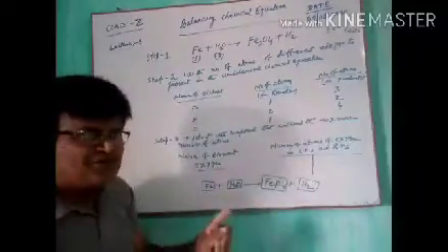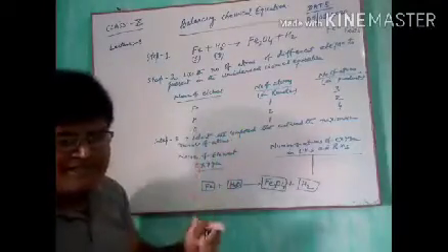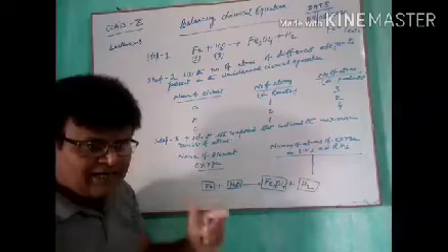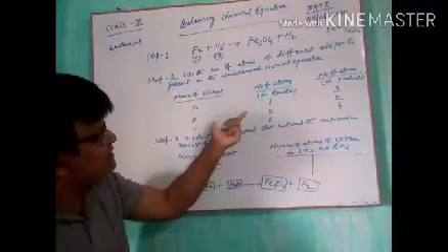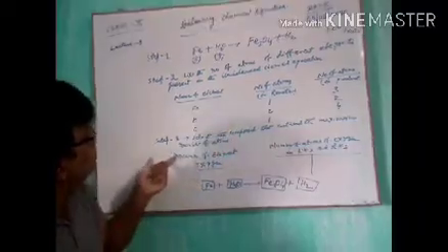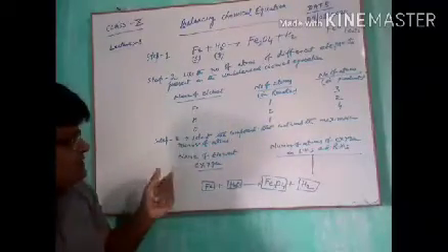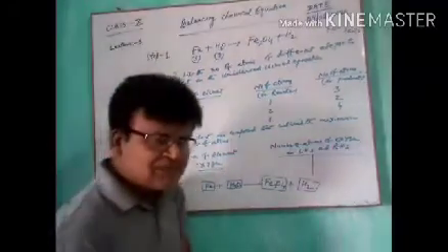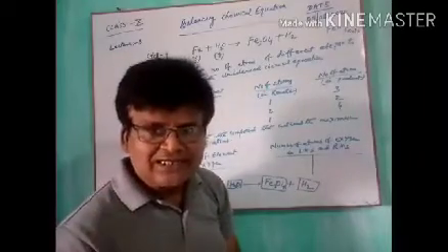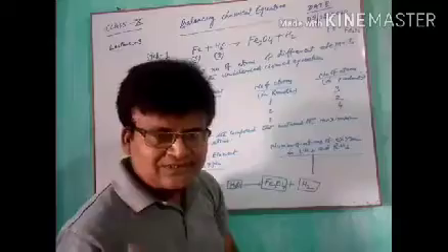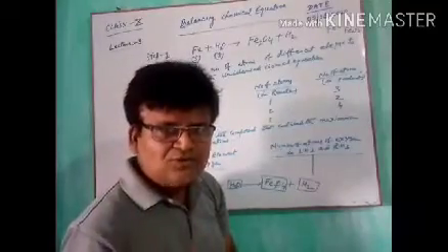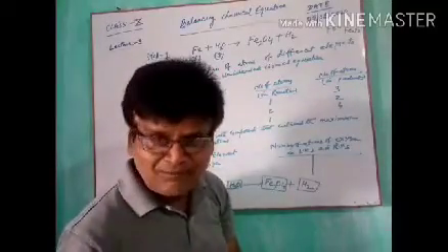After making the list of atoms of the elements present in the reactant part and product part, we go to the third step. In the third step, according to this rule, select the compound containing the largest number of atoms.